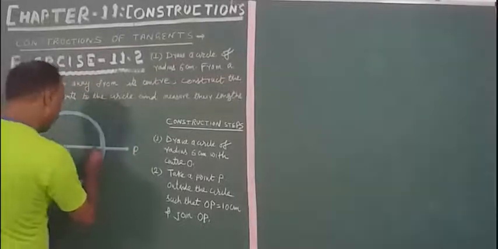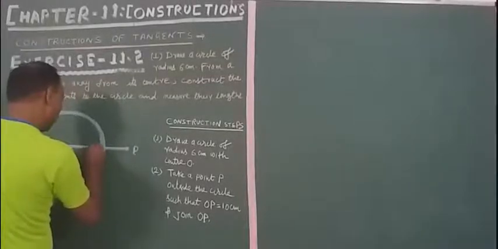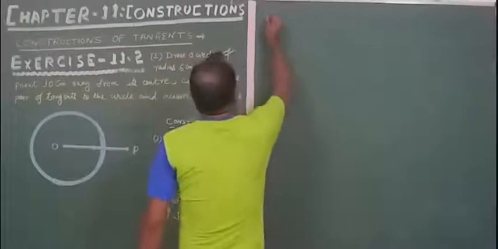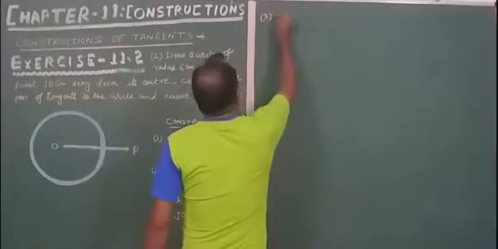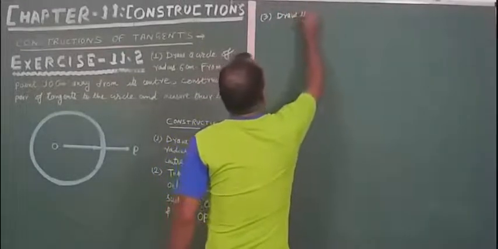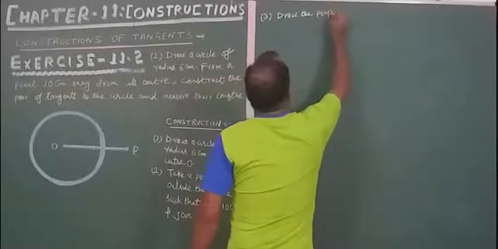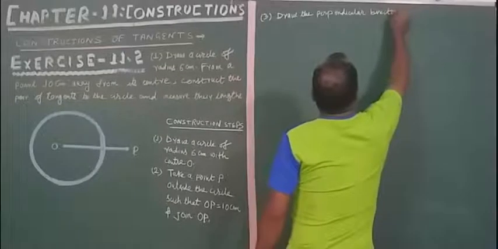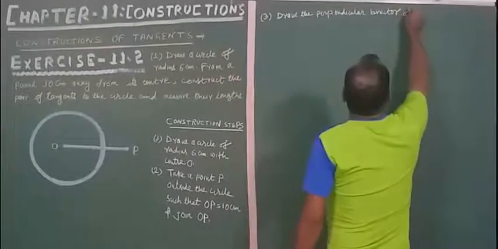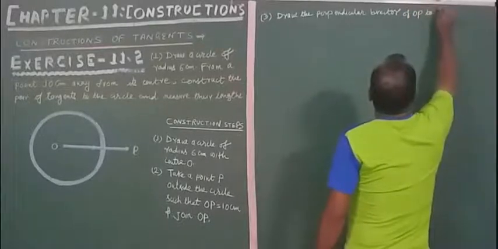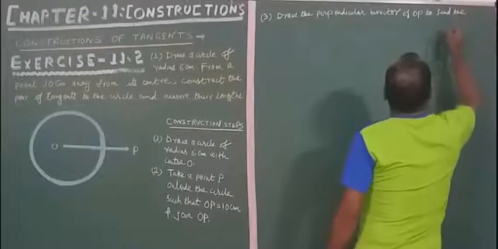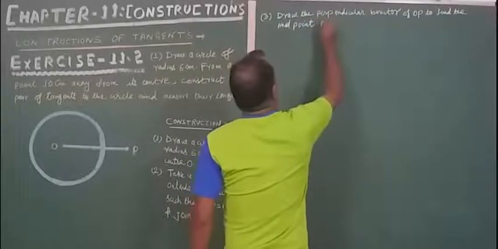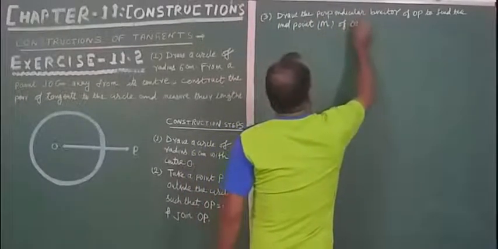Now in the next step, step number 3. Draw the perpendicular bisector of OP to find the midpoint M of OP.